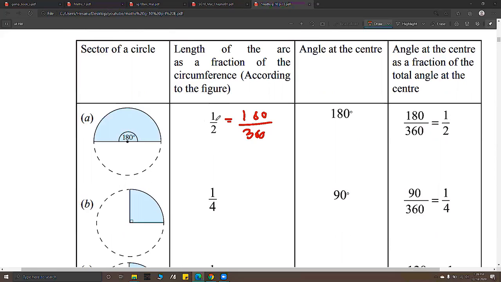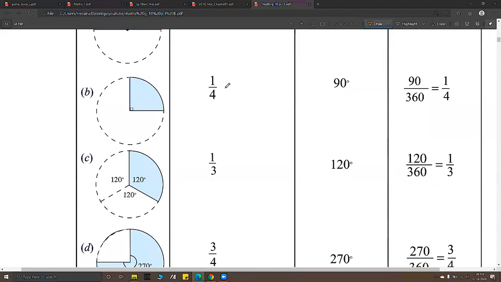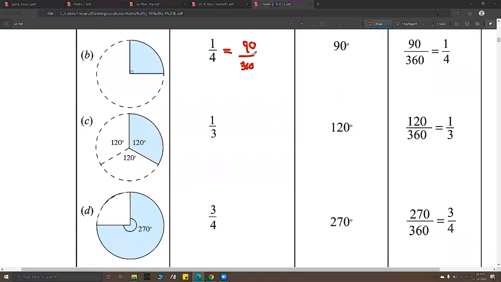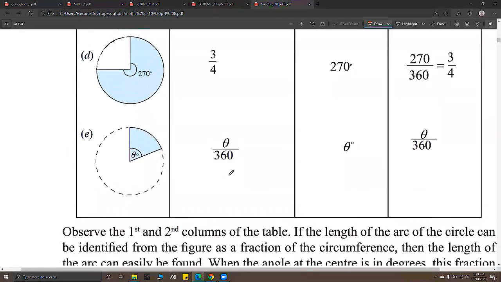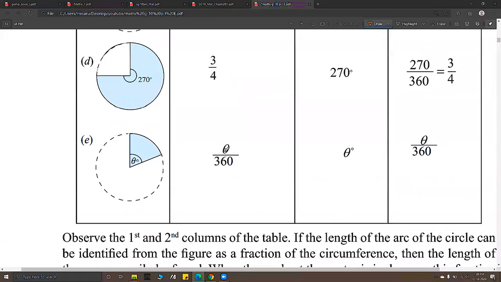If it's a quarter, it's 90 over 360. If it's 1 over 3, you can just take 120 over 360. Likewise, here also same, here θ over 360.